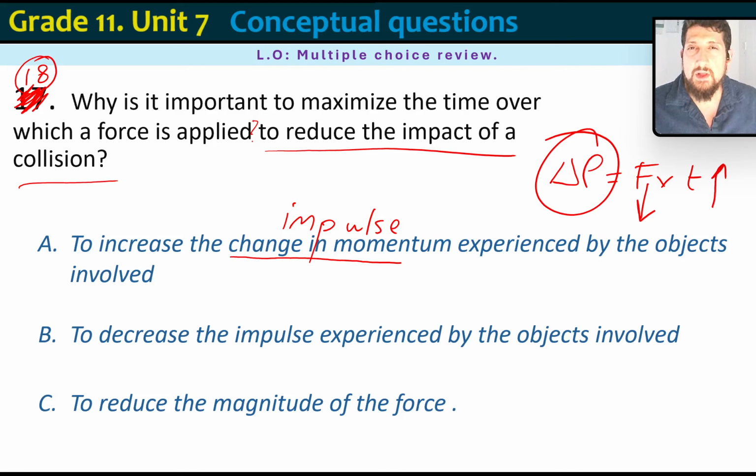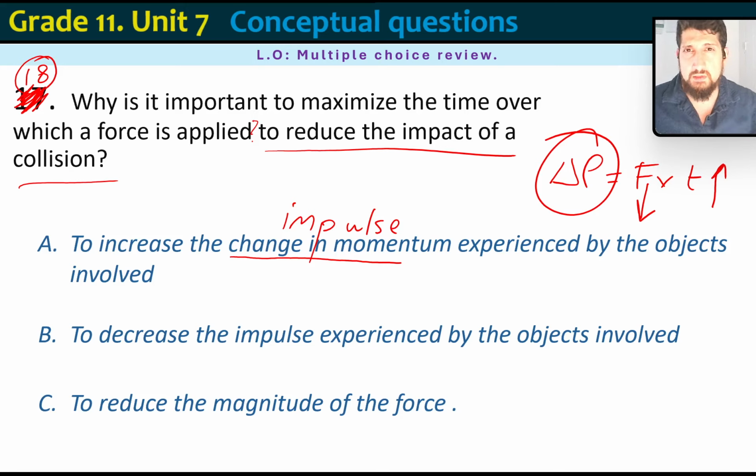Now whether they apply the brakes slowly or quickly, the change of momentum is the same. The impulse is the same. You go from 10,000 to zero. That is the change in momentum, 10,000. But of course, the driver and the passengers in the car will experience two different things.